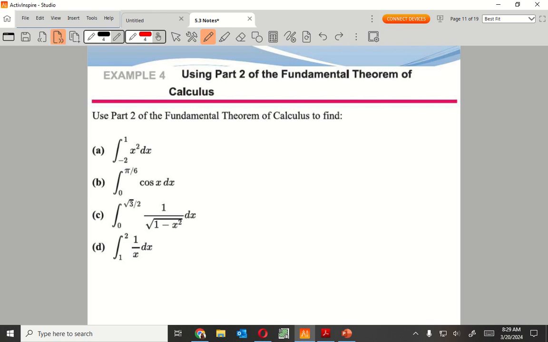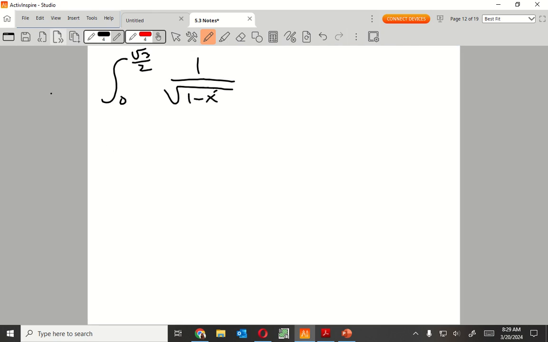One minus x squared. So this should look somewhat familiar because we actually did derivatives where it gave me this answer.